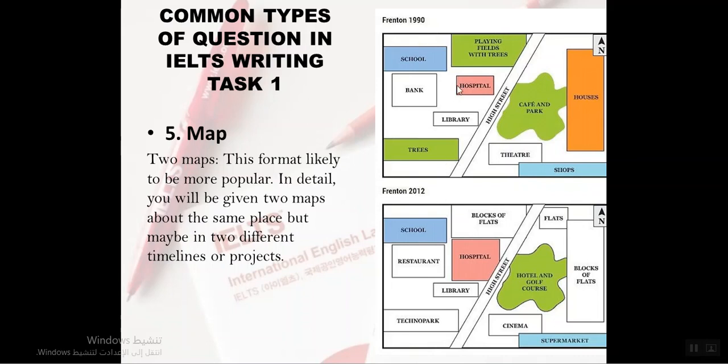You're going to compare between them and point out the changes. For example, in 1990, next to the school we have the bank, while in 2012, next to the school we have a restaurant. So this is what you're going to do if you have a map in writing task 1.